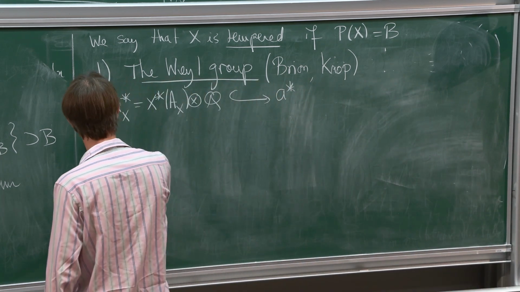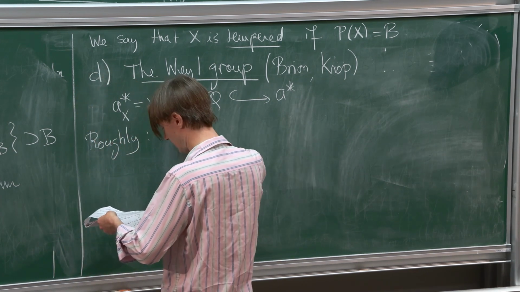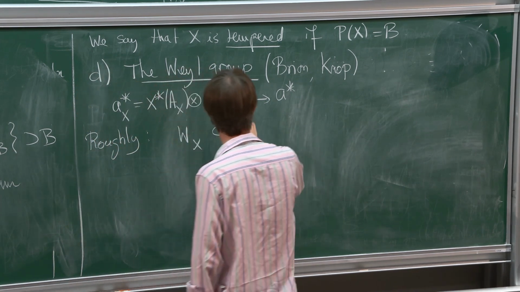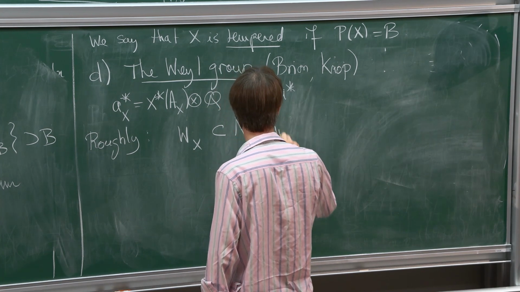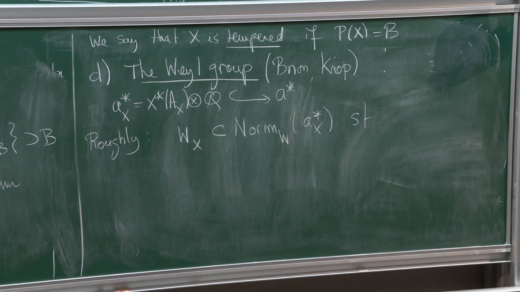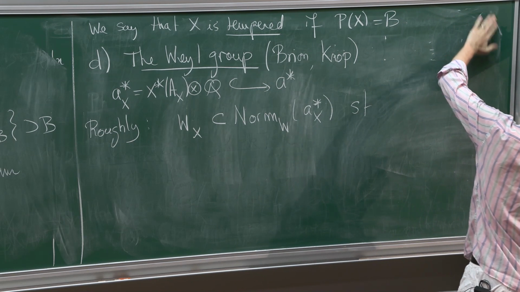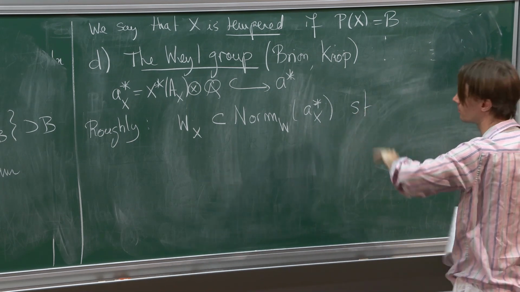Very roughly, to put it in a nutshell, WX is a certain subgroup of the normalizer in the Weil group of this subspace. The definition of Knop is kind of analogous to the definition of the Weil group you can get from Chevalley's theorem, namely, it's describing the ring of invariant functions on some space in terms of this Weil group.